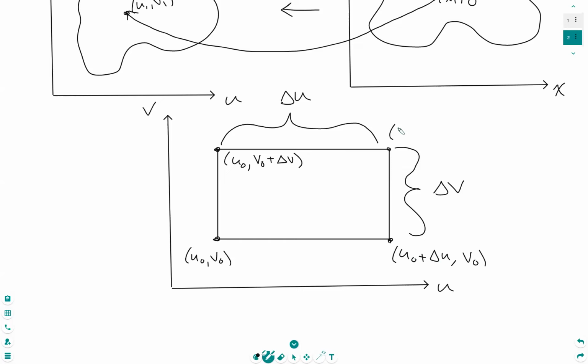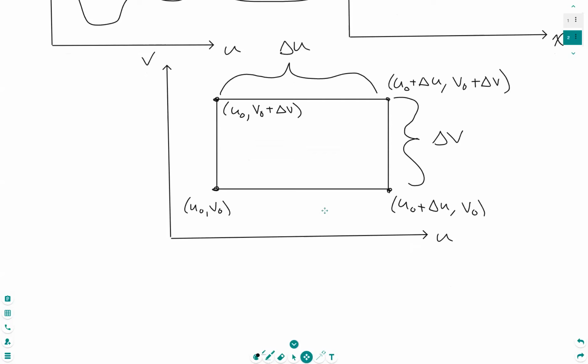And then up here, I have U naught plus delta U and V naught plus delta V. So now we're going to try to figure out how these rectangles transform into the other coordinate system.